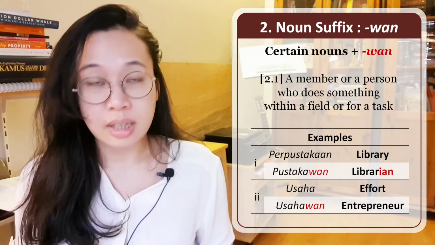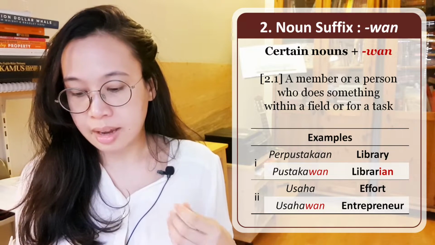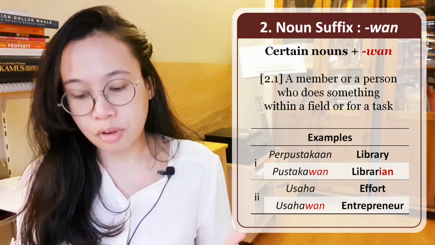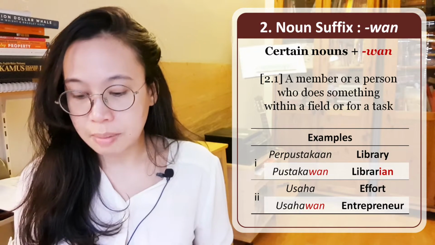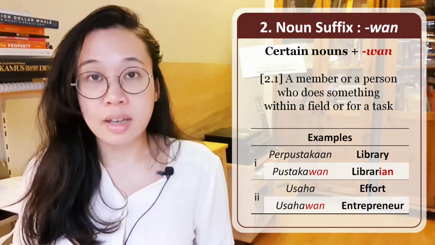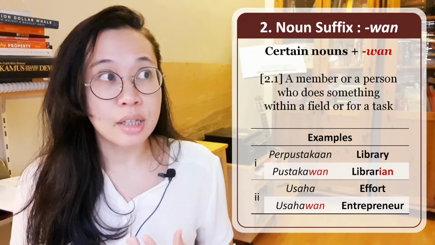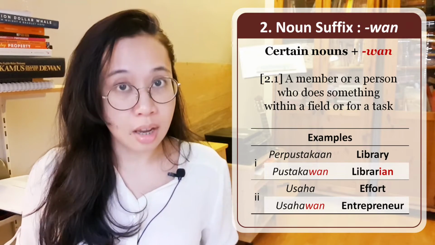Okay, if you see the suffix wan on a word, it means that it is referring to a member or a person who does something in a certain field or a task. So like a library in Malay is perpustakaan, but librarian is pustakawan.